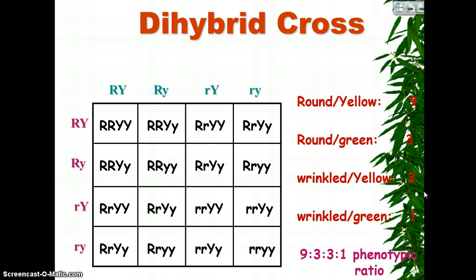And 1 out of 16 times where you have the two recessives together. So you always get the ratio of 9, 3, 3, 1 when you're doing a dihybrid cross with the F1 crossed with another F1, or heterozygous crossed with heterozygous.